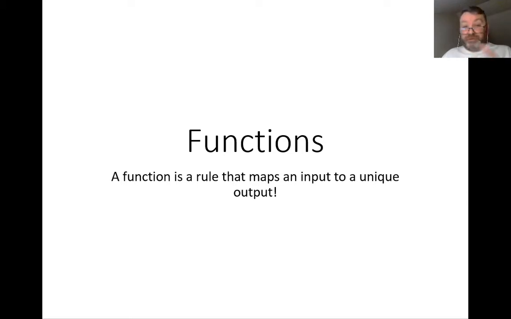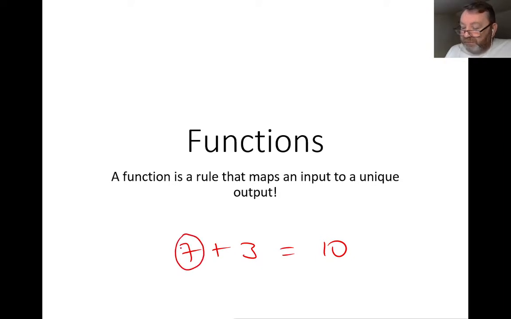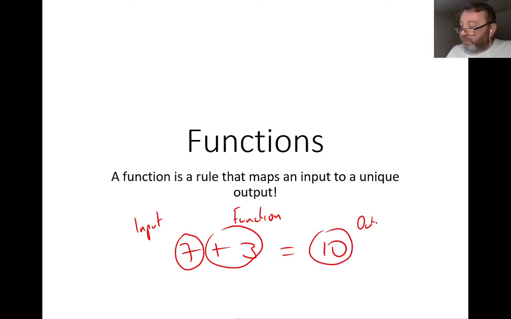A function, as you can see from this slide here, is a rule that maps an input to a unique output. So let's take that whole thing of 7 plus 3 equals 10, and I just want you to keep that in your head. What is this actually saying? This is saying that if I start at 7 as my input, and I then add 3, which will be my function, or my action, I will then get 10 as my output.